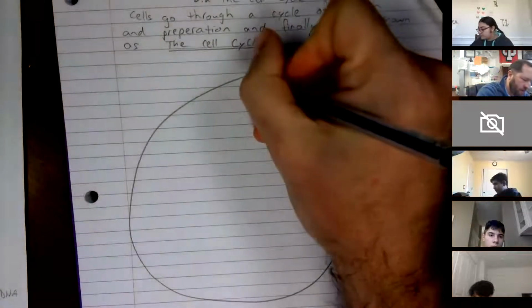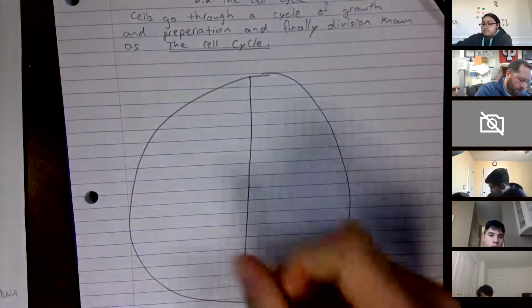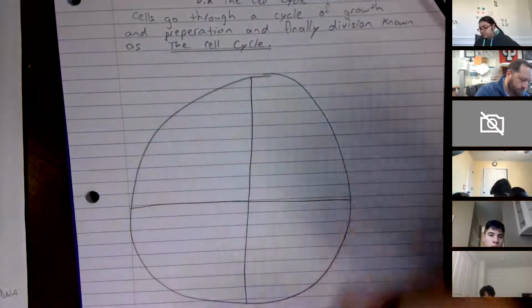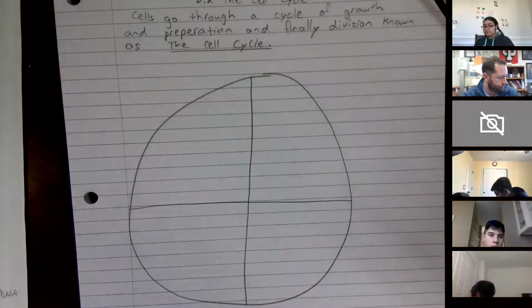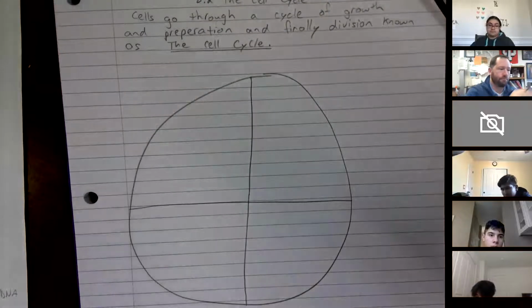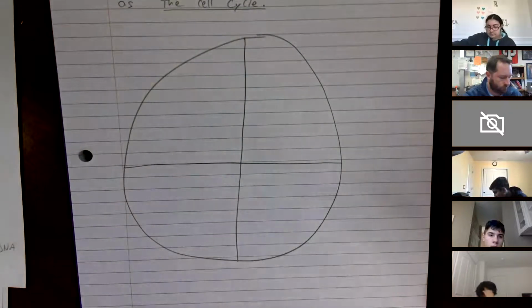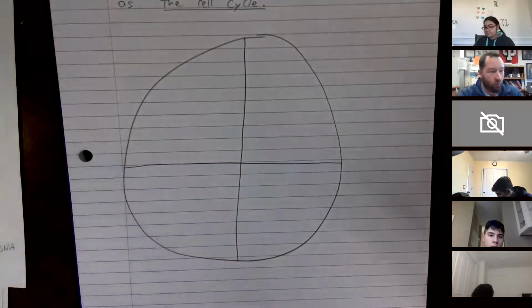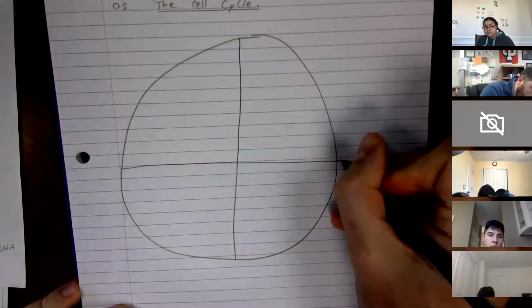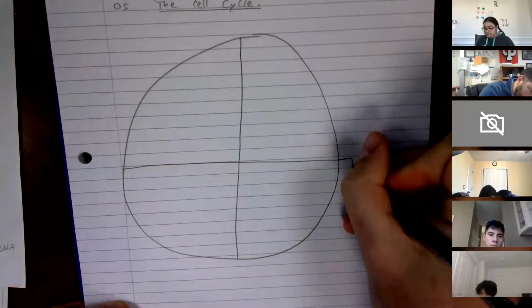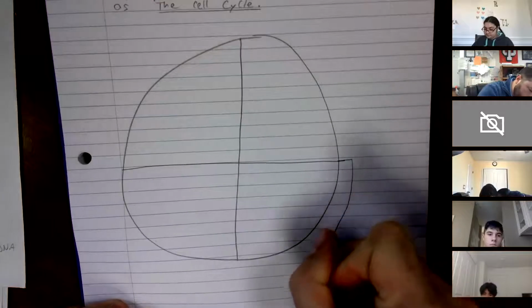And we're going to go ahead and divide this circle into quarters. Now I'm really going to get artistic, and I'm going to draw a second circle outside the first circle.